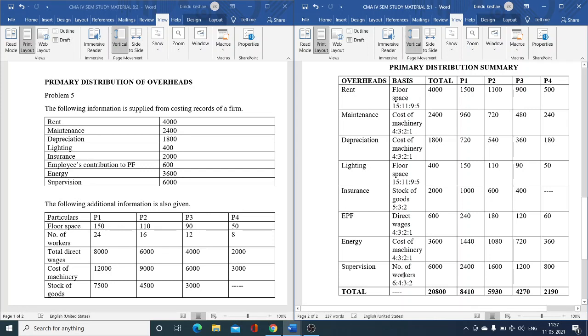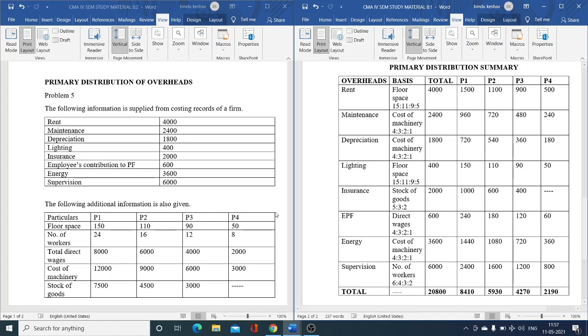When we divide by 4, we get 6:4:3:2. So 6,000 rupees can be distributed to the different departments on the basis of this ratio. For P1 it will be 2400, P2 it will be 1600, P3 it will be 1200, and P4 it will be 800.